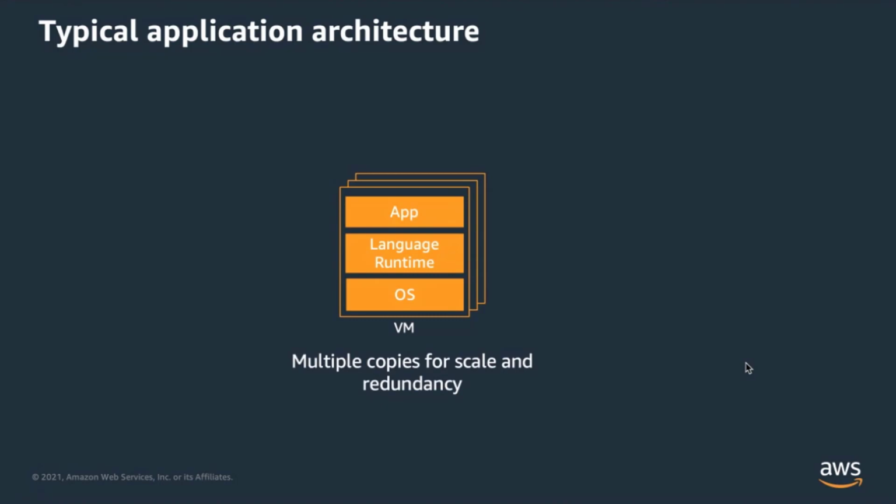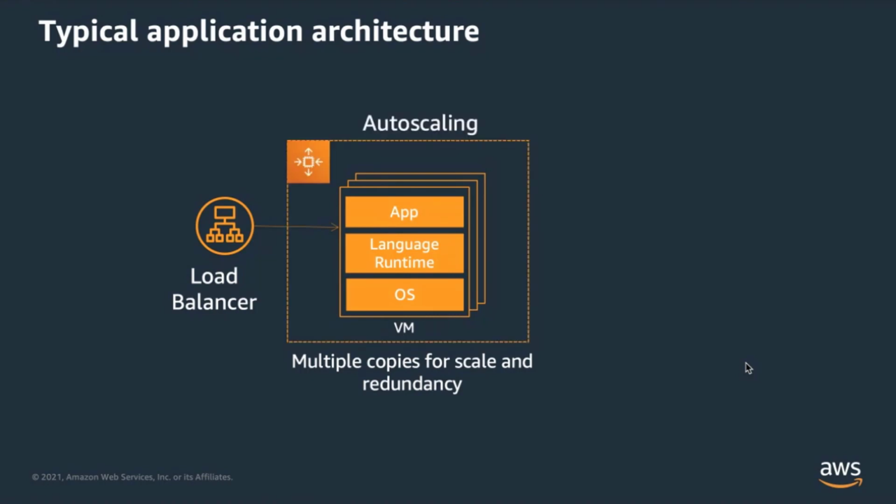You have multiple copies of your VM for the purposes of scaling and redundancy. You usually set up a load balancer in front of your VMs just to balance your traffic across your instances. You set up an auto scaling group that scales VMs in and out based on metrics such as utilization.